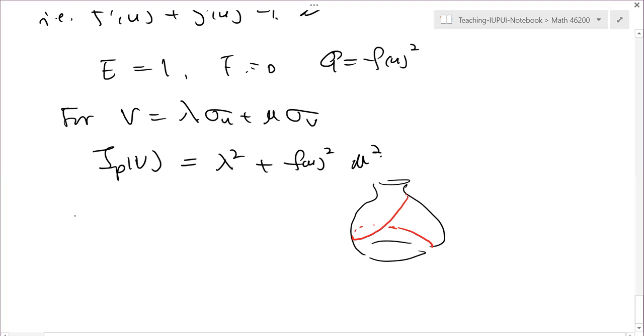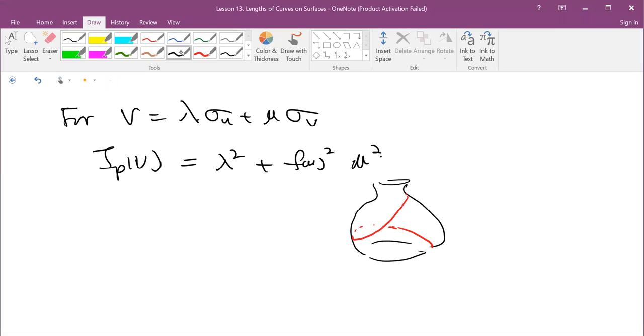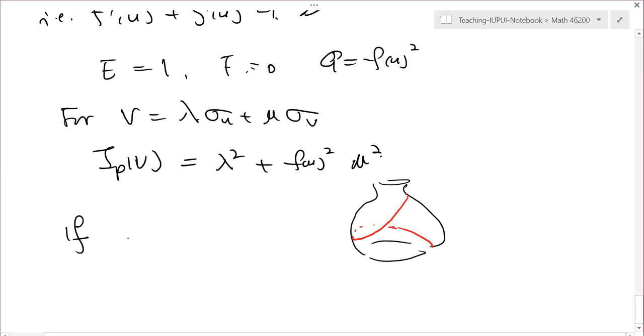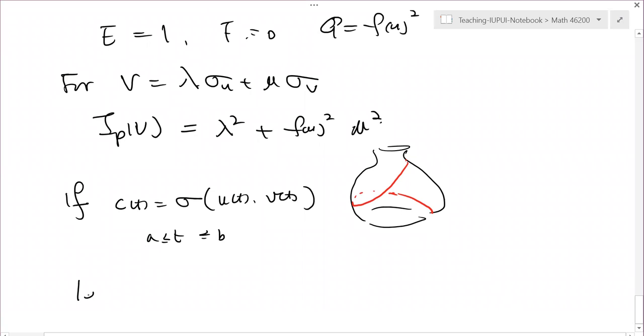So if you have a curve gamma, say gamma(t) = sigma(u(t), v(t)), with t between a and b, the length is going to be the integral from a to b of the square root of gamma prime(t) dot gamma prime(t).